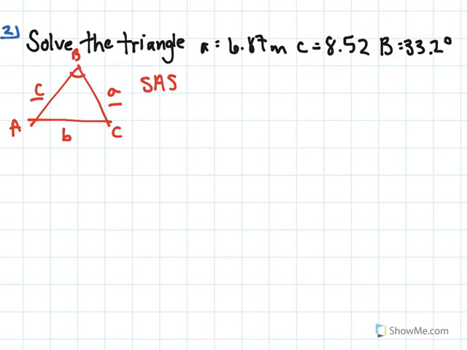So we can use the law of cosines to solve for our unknown side. We're looking for side b.